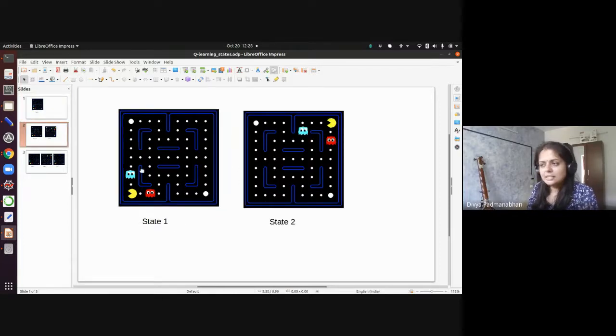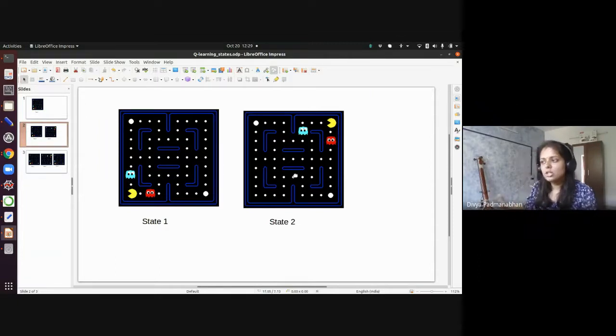Is there a huge difference between these two states? No, right? State two is a symmetric version of state one, where Pac-Man is again on top, surrounded by ghosts, and there's some food.